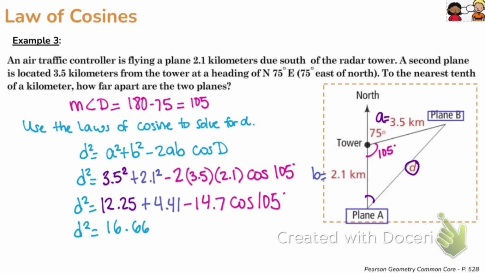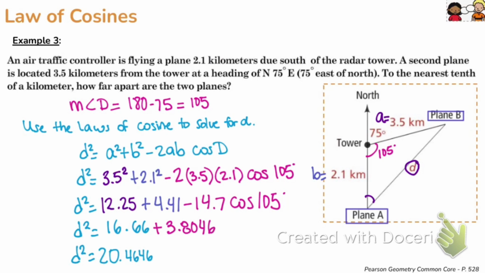And now I'm going to put in the calculator cosine of 105, and then times negative 14.7, and actually get positive 3.8046, and add those two, and I get 20.4646.